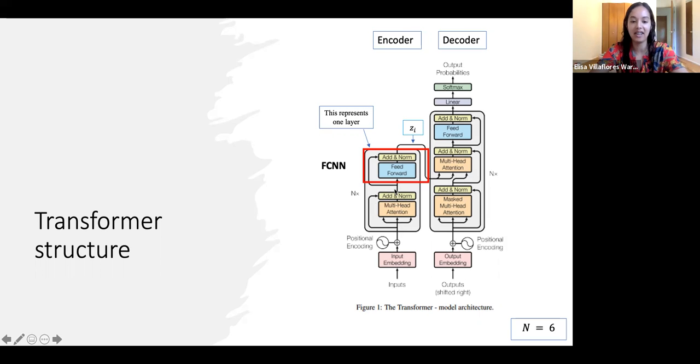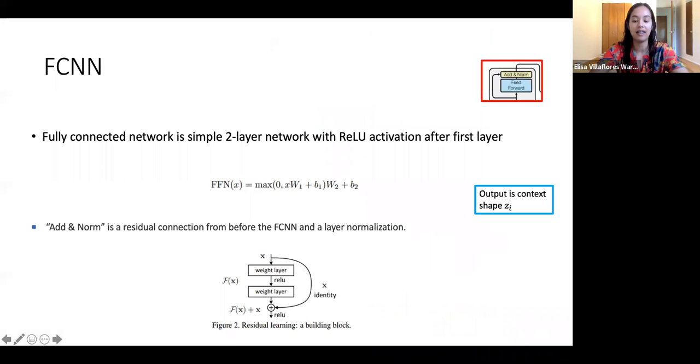Next we have this feed-forward network, which is simply a fully connected neural network, and it's only 2 layers. It's very simple. It has a ReLU activation in the first layer, and then it has a residual connection at the end. As an output, what we get is this context shape.